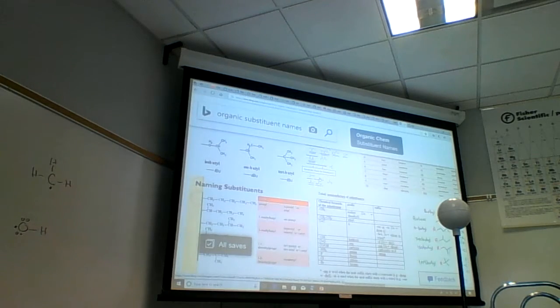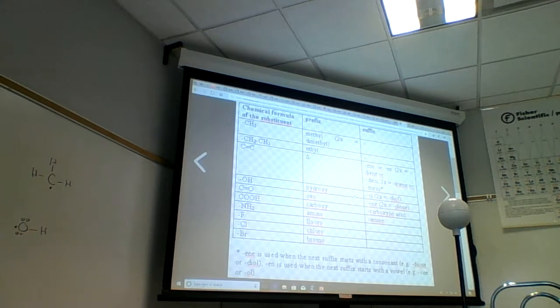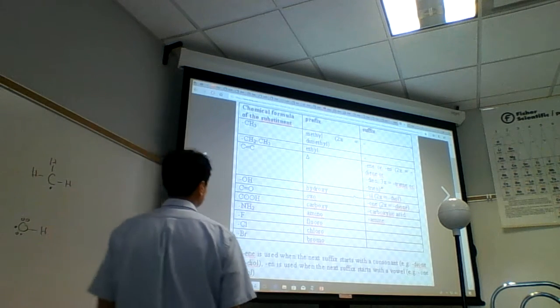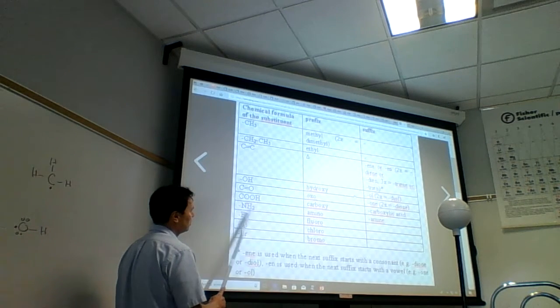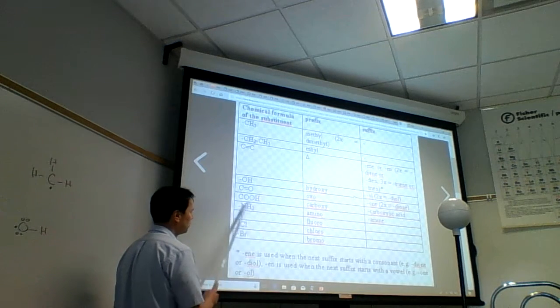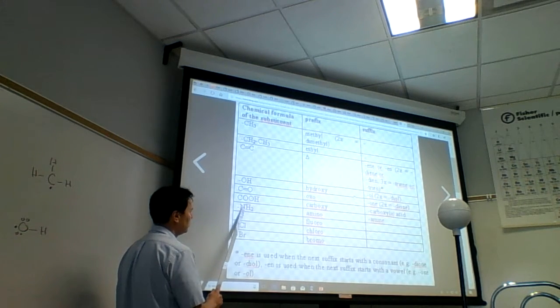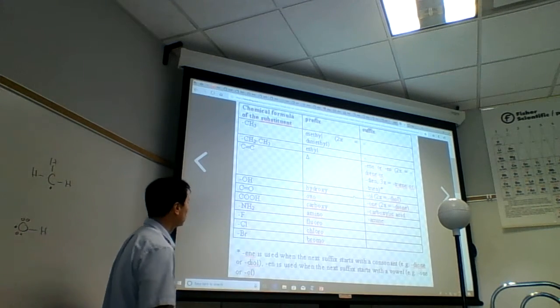Here, this is more of the table of substituent forms. Oxo, carboxy, depends on, you know, as the structures get more and more complex, then we have to use more and more of these names. This is called amino or amine, fluoro, chloro, bromo, etc.